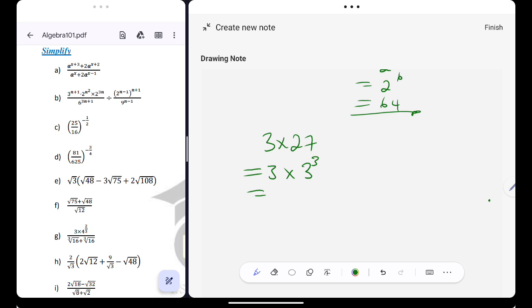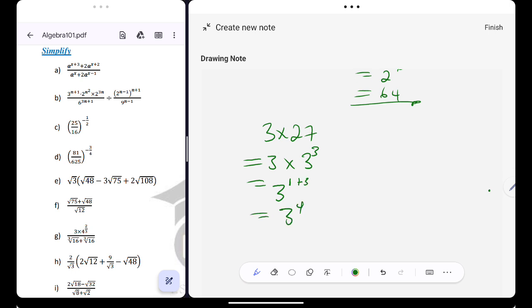If the exponent is 1, we don't need to write it out. So if you don't see an exponent, just know that there is a 1 there. We are multiplying bases that are the same, so we'll just add the exponents. We take the 1 from here and add it to the 3. What do you get? 3 to the power 4, and 3 to the power 4 is 81.